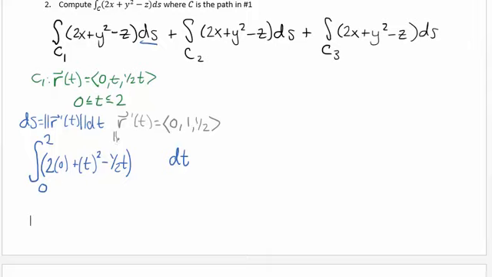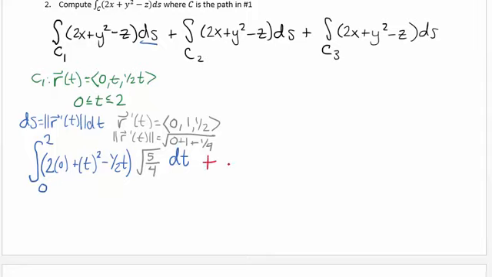And so the magnitude of r prime would be the square root of 0 plus 1 squared plus 1/2 squared. So that's the square root of 5/4. So in the integral, we're going to have square root of 5/4 and then dt. This integral is what we would need to compute to get that line integral across C1.